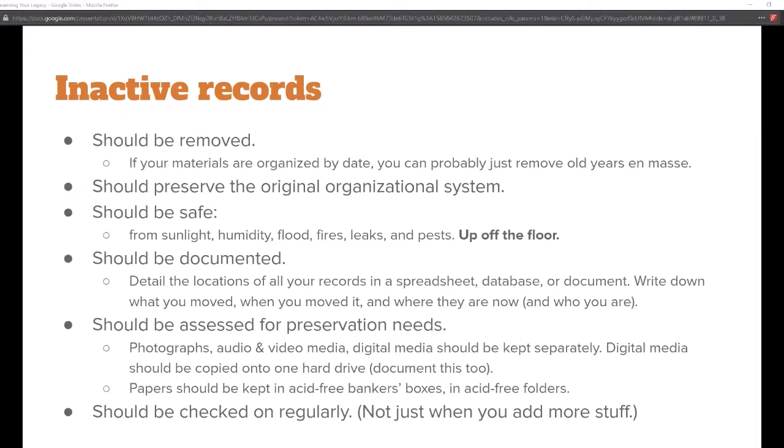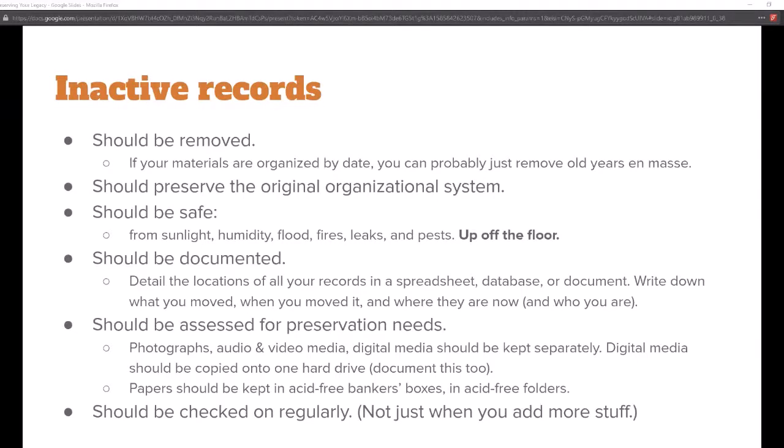You should be taking this time when you remove stuff to assess those preservation needs. Different formats and different materials are going to have different preservation requirements. Your straight papers are really, really easy to keep safe. You know, get them away from moisture, get them away from pests, put them in Rubbermaid tubs, that's great. Some of these other things are going to be really, really complicated.